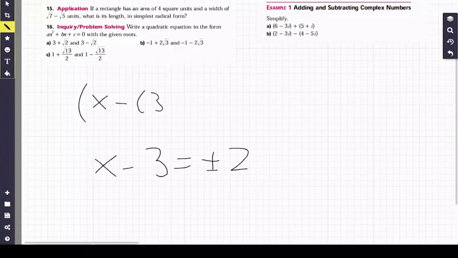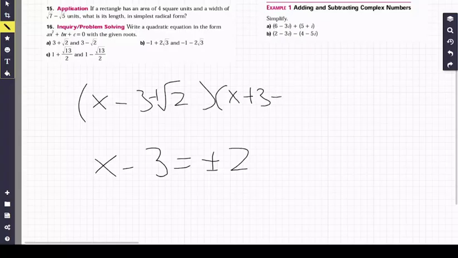So this was 3. Okay? And now a quadratic equation.